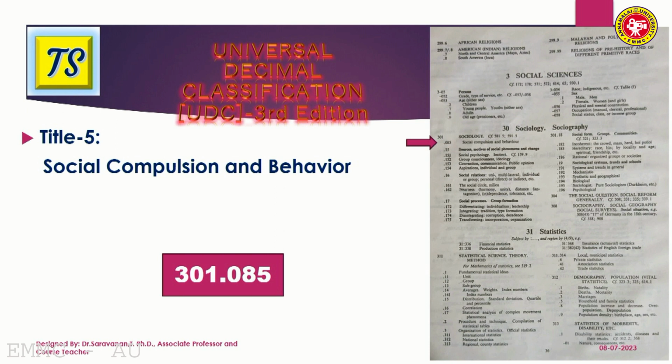Under 301 is classified sociology. 301.085 refers to social compulsion and behavior. These are all simple titles. You can get the ready-made numbers. Of course, the DDC is an enumerative scheme, and the UDC is a faceted scheme. They are not like the Colon Classification scheme. You can get almost the enumerated numbers.